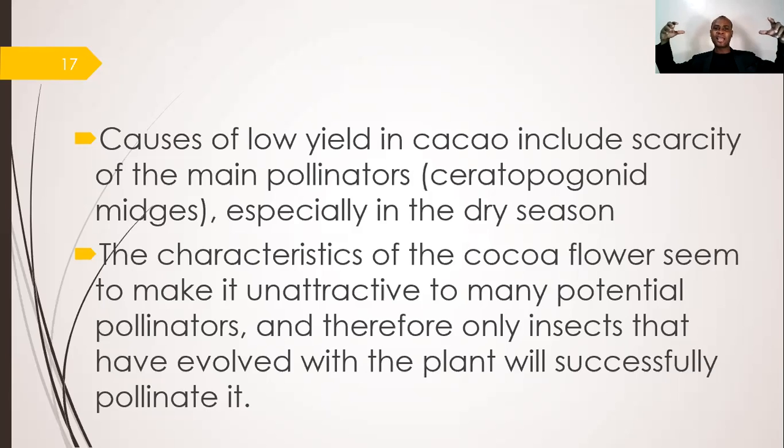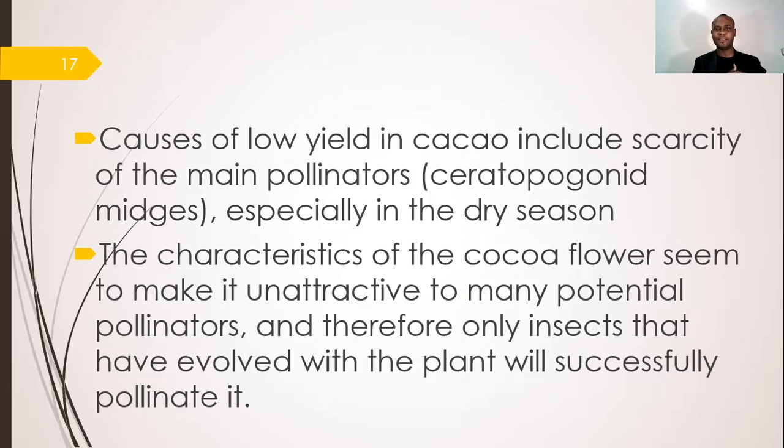Insects usually are attracted, number one, by color, and number two, by the fragrance or smell from the flower. But cacao does not have that property in terms of color and scent. So naturally, the flower does not attract pollinators.